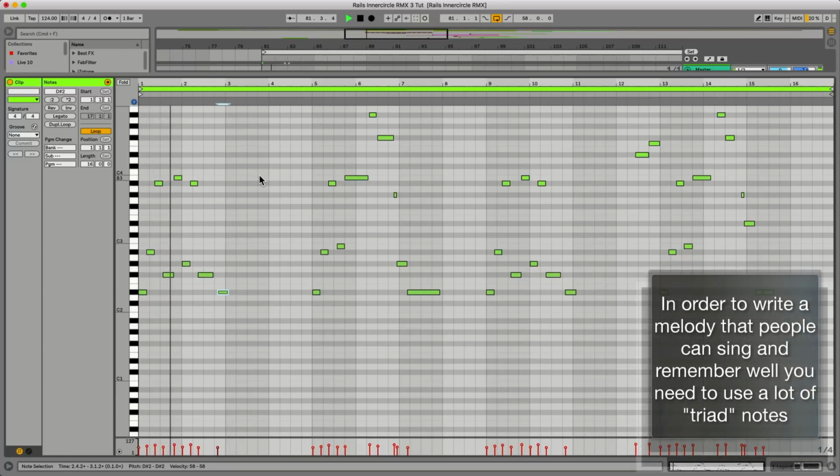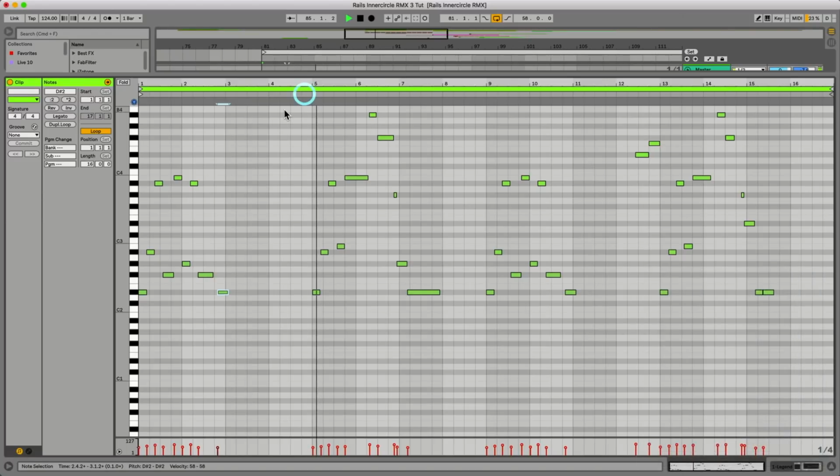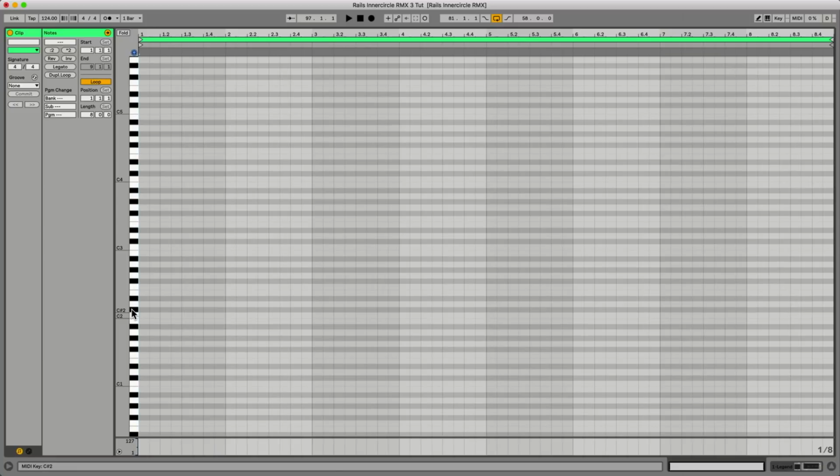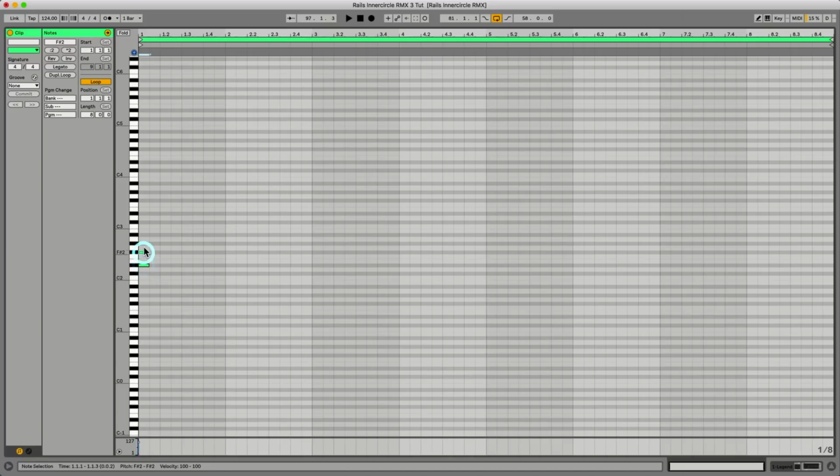So I think everyone could sing it now. And then we are in D sharp minor and we have all the black keys, plus the B and the F. All right.